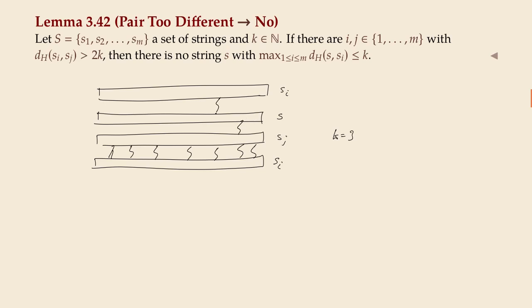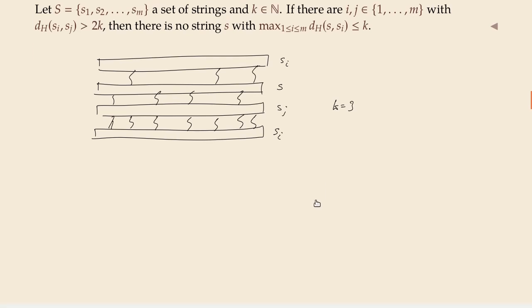So you will always have at least one of these up here, no matter how you distribute them. You will have one of the strings where you have more than k mismatches. That's simple enough. I guess this kind of graphic by example proof is sufficient in that case.